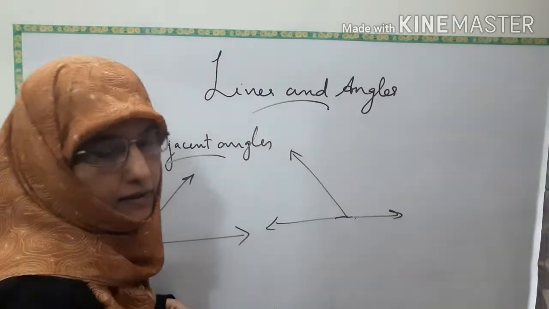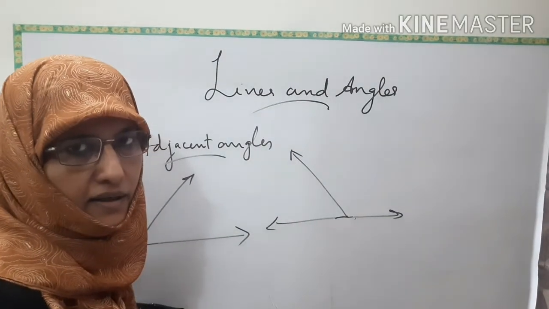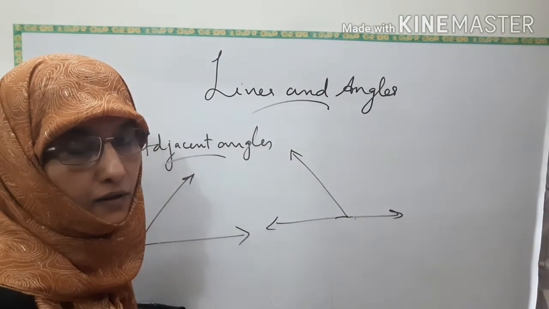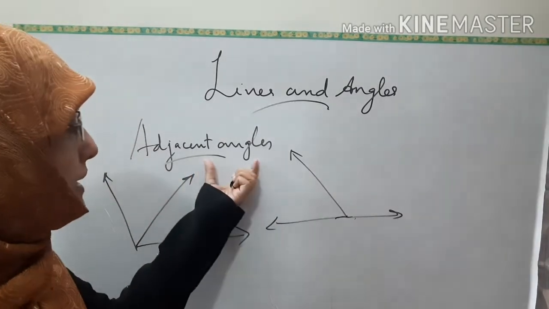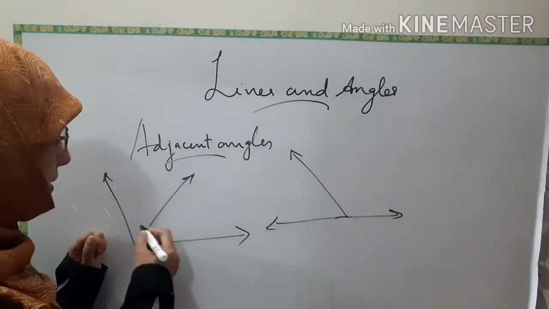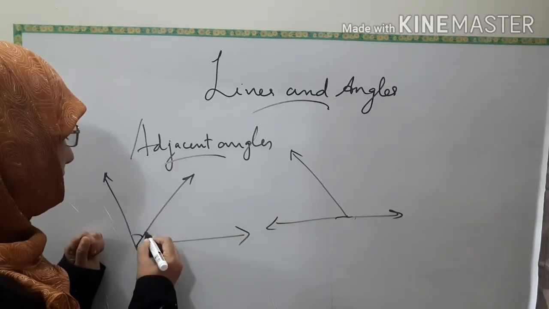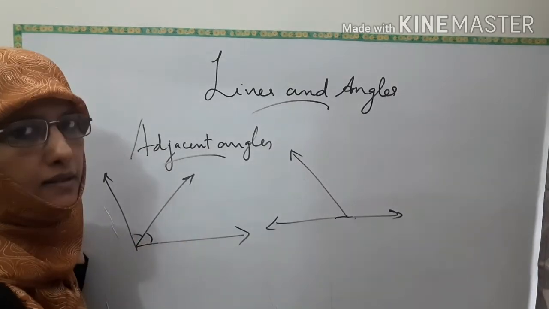Next, adjacent angles. You have studied adjacent angles last year, isn't it? Adjacent sides and adjacent angles of a quadrilateral, all you have studied last year. Now see these 2 figures. 2 angles are there, one angle here, one angle here. What is the similarity between these 2 angles?